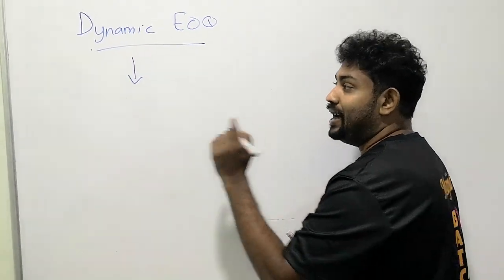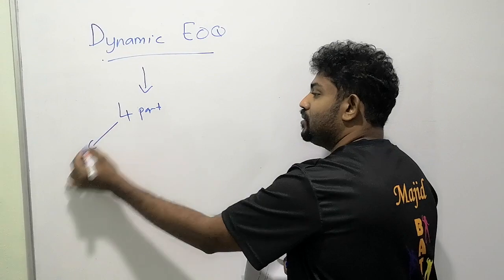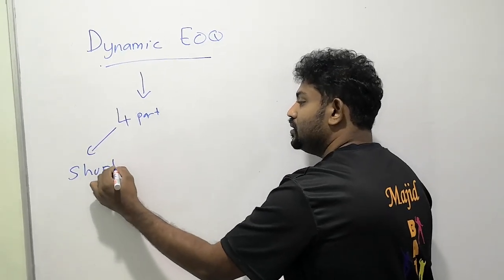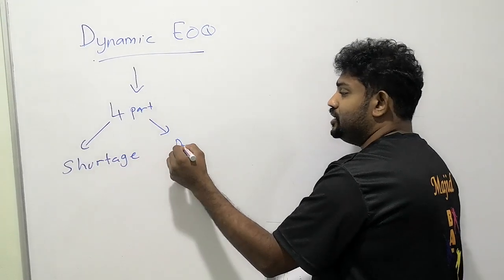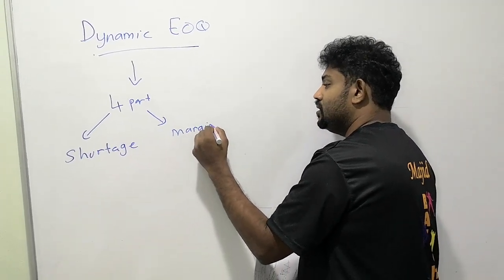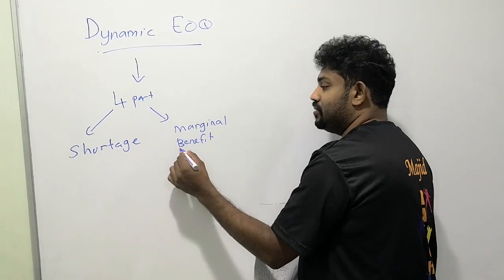So in this chapter on dynamic EOQ, we're going to look at four main parts. The first part will be on shortage. The second part will be on marginal benefit and losses.